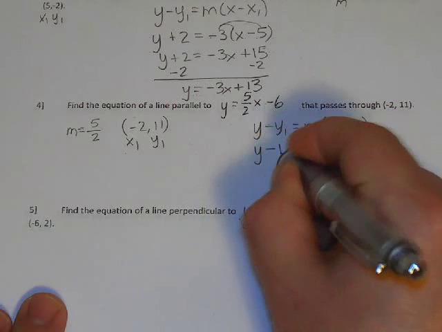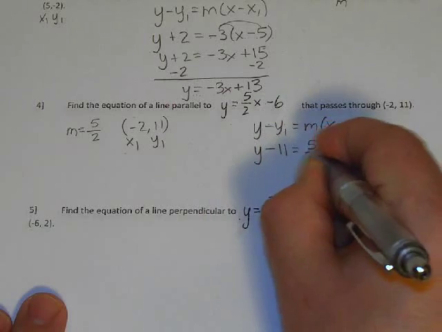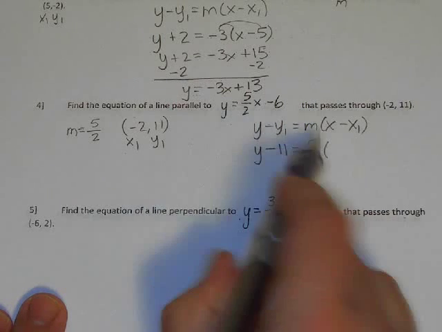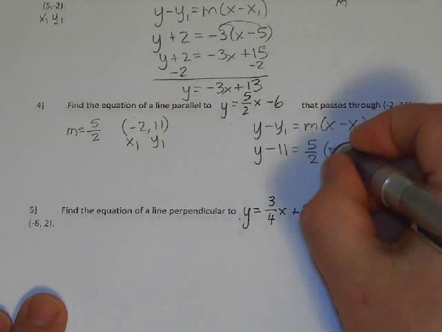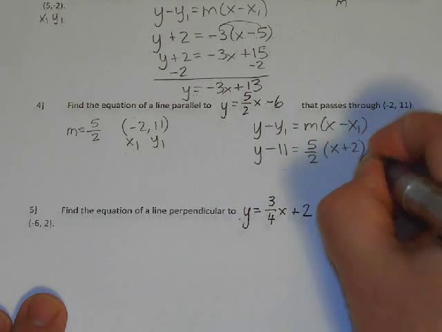So y minus 11 equals 5/2 times, okay, x1 is negative 2, so rather than writing x minus negative 2, I'm going to write x plus 2.